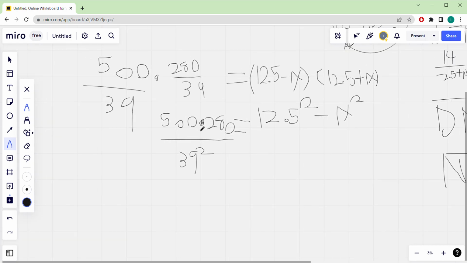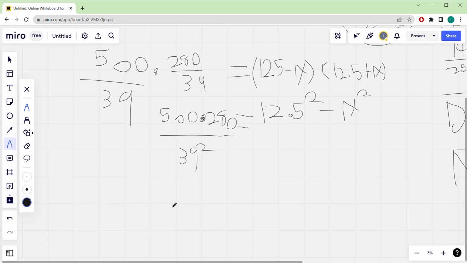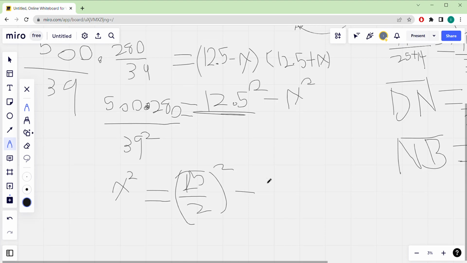So x squared equals 25 over 2, because that's this part, 25 over 2 squared, subtract 500 times 280 over 39 squared.